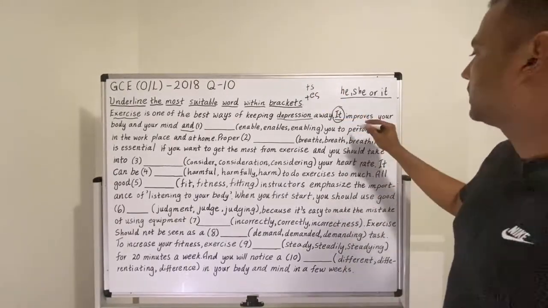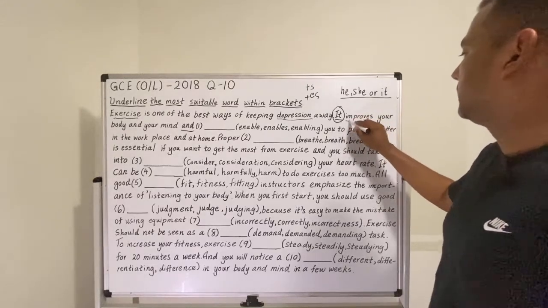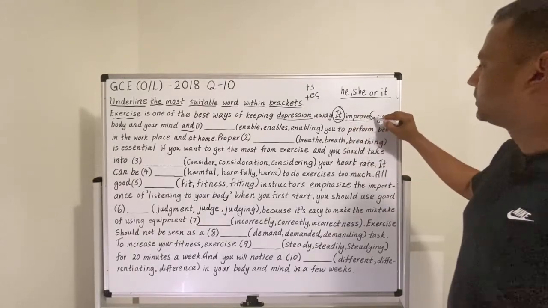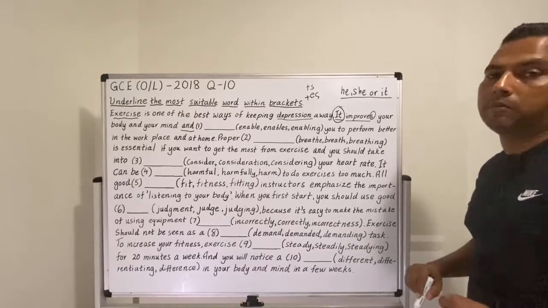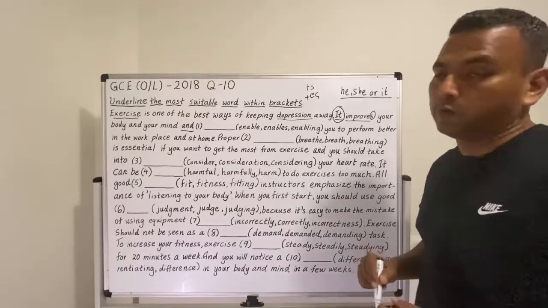So as you can see here, after it, the s is added to the base form verb improve.